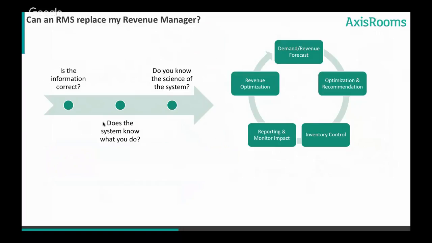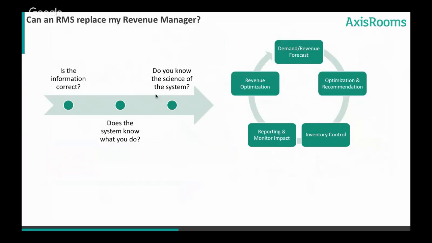Does the system know what I know? Now, the system doesn't know a lot of different points, such as if a volcano was to strike, if an earthquake was to happen, if somebody was playing in a music concert and they were more popular than somebody else. These things affect your demand and affect your price, but the system doesn't actually know that. So the person, the revenue manager, has to tell that to the system.